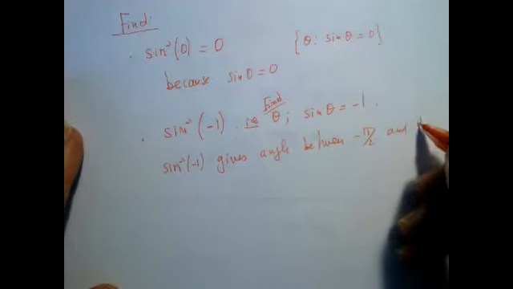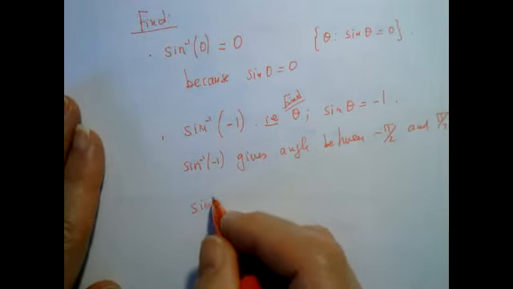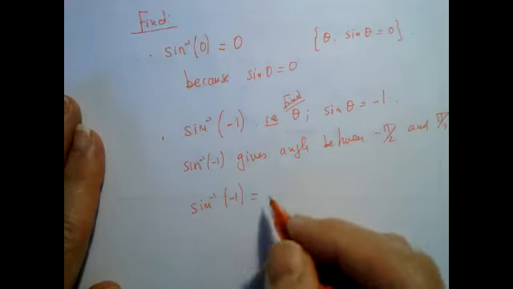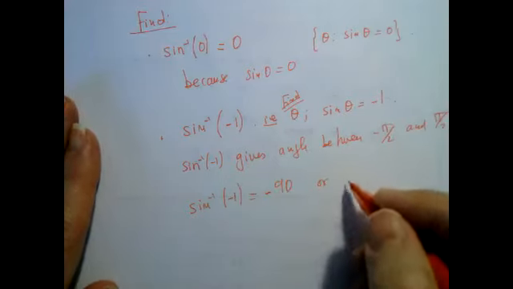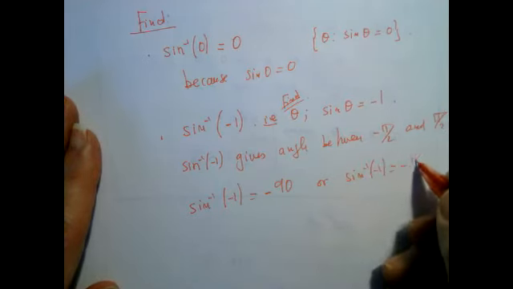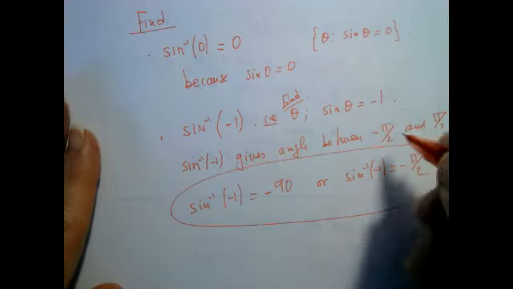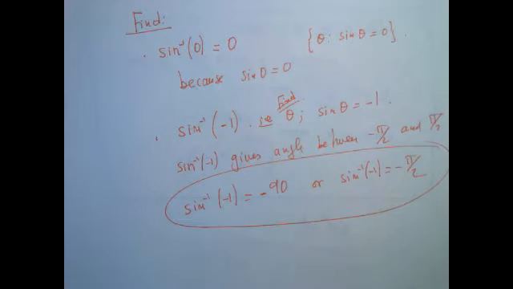With this in mind, the sine inverse of -1 is going to be minus 90 degrees, or in radian, minus pi over 2. The sine of 3 pi over 2 is -1.